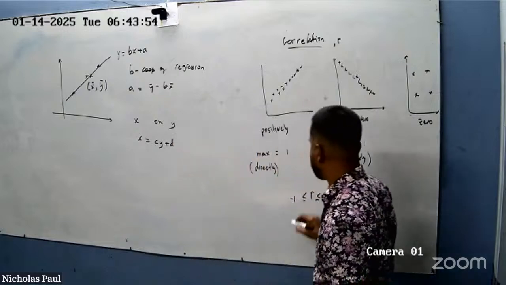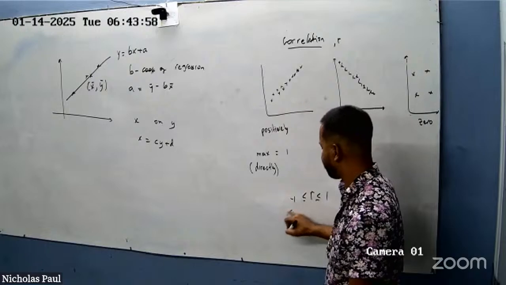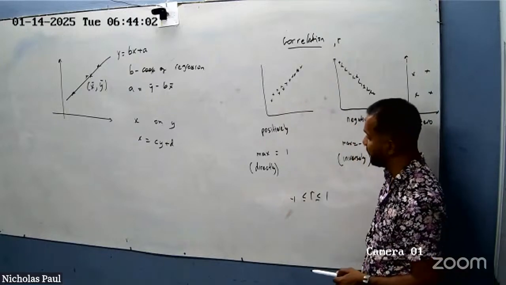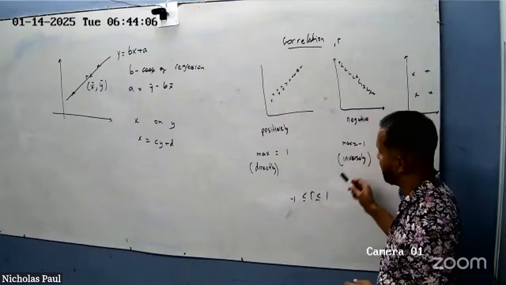Whenever you see -1, this is very strong. Anything close to 0 is very weak. So these are the things that we need to know about correlation.